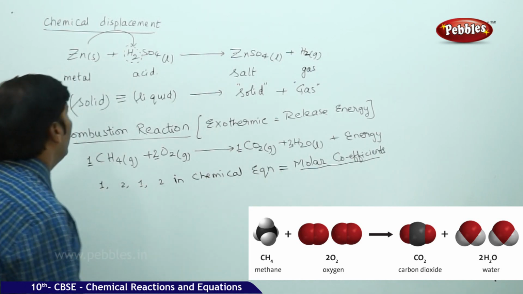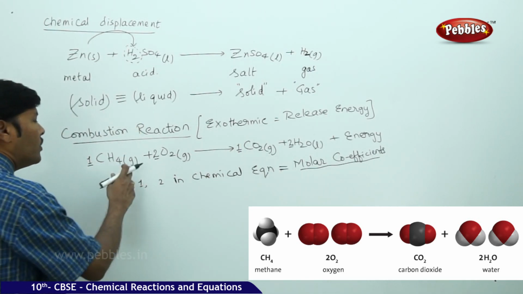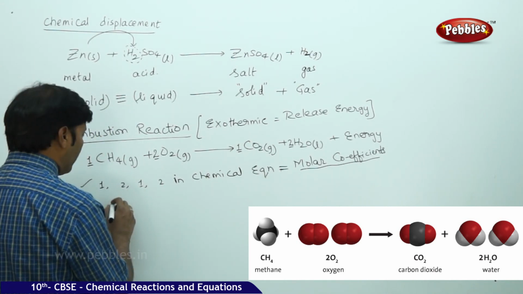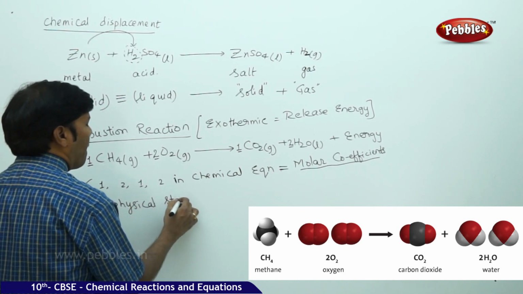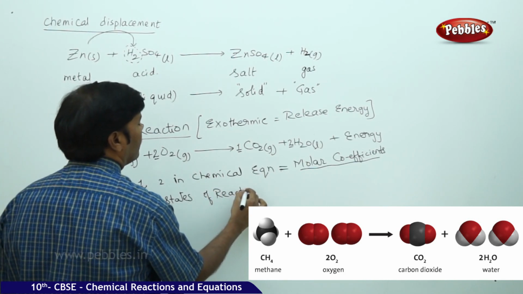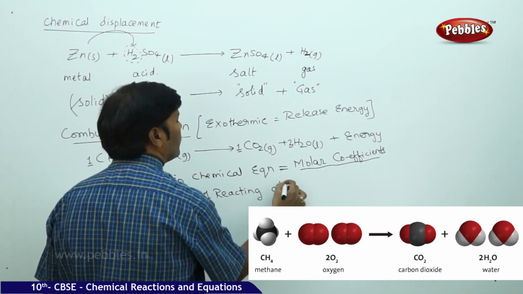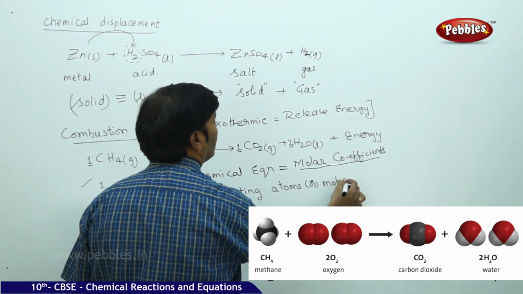So that means from a given chemical reaction or chemical equation, we can gather information about the molar coefficients, and we can gather information about the physical states of reacting atoms or molecules.